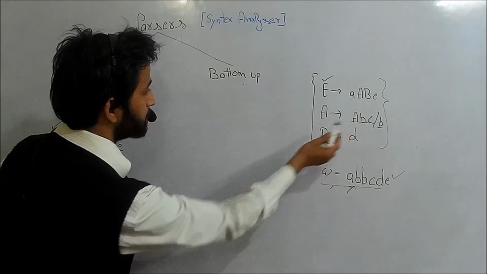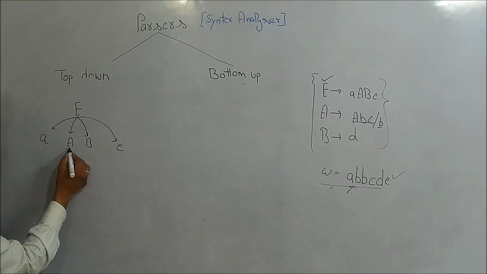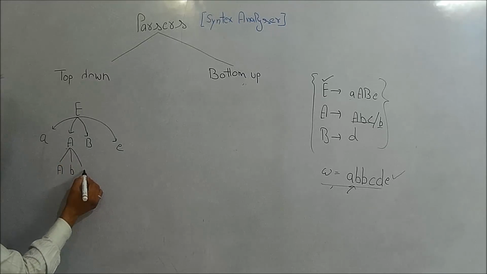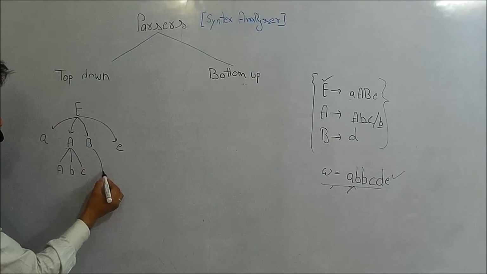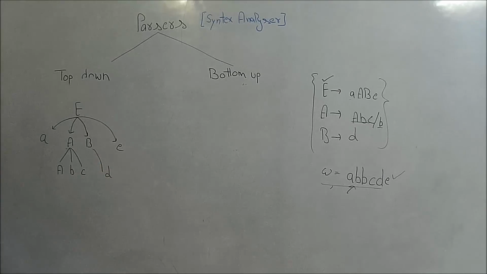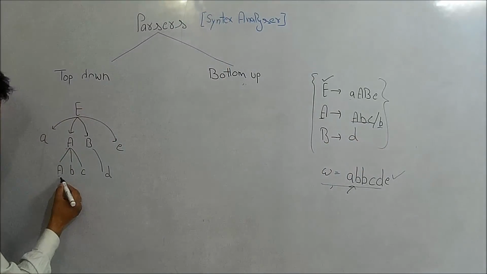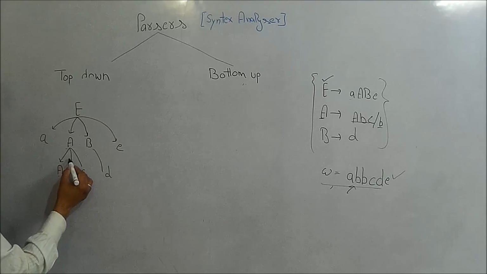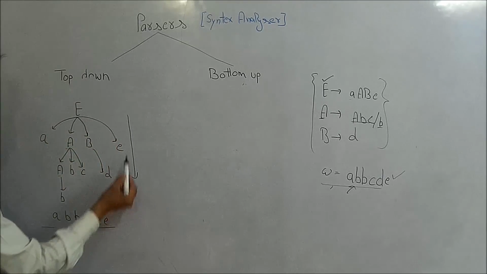So depending on this string, I will choose the production in which A gives A, B and C, and for B I will generate the only option which is D. Same here, I will use the production of A as B. So by using this parse tree I am getting the desired string. So this is the method of top-down parsing.